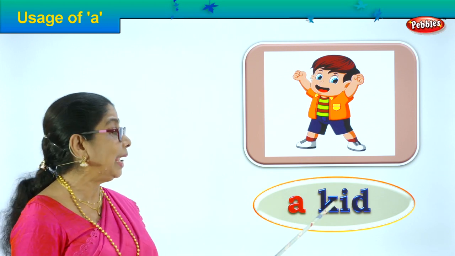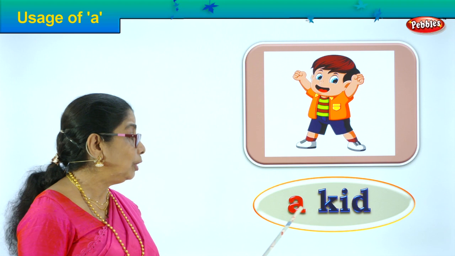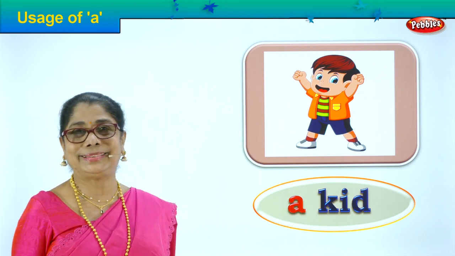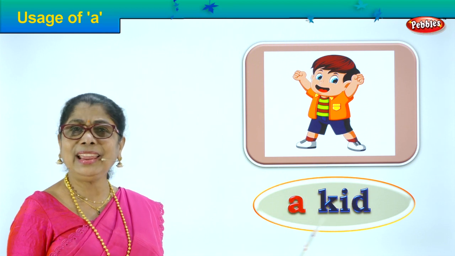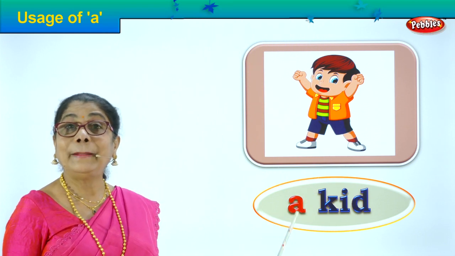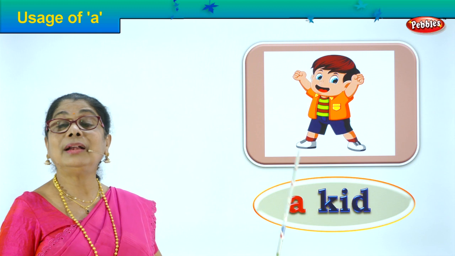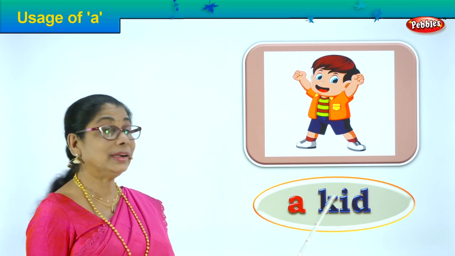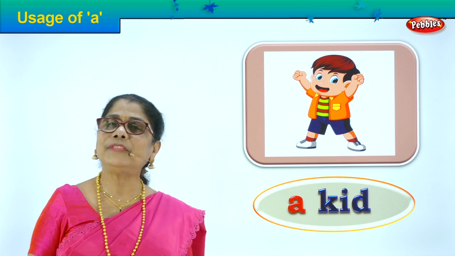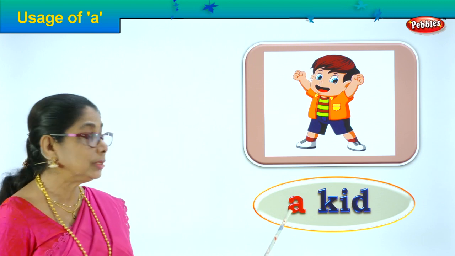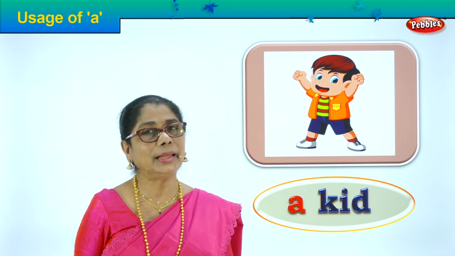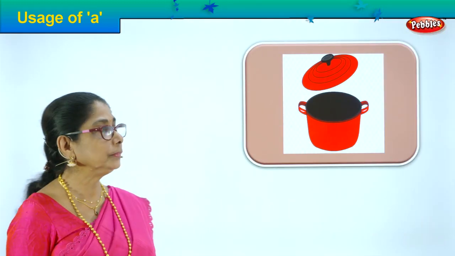We call him kid. We put the word a before the word kid. A kid. A naughty kid or a kid that does some exercise. Whatever. In front of the word kid, we use a. A kid. Let's go to another picture.